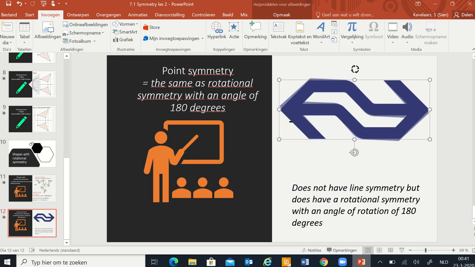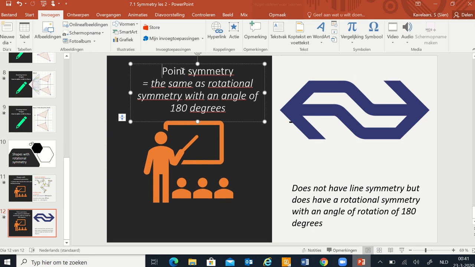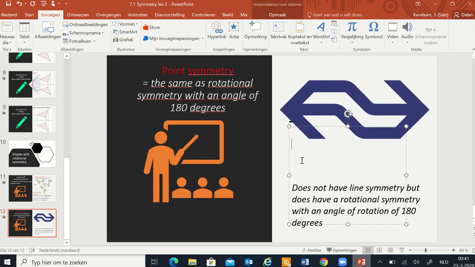So I can only rotate it 180 degrees. I cannot fold it because it's not a line symmetry, and that's why it's called point symmetry. Really important. Alright, so really have a look because it's very, very important.